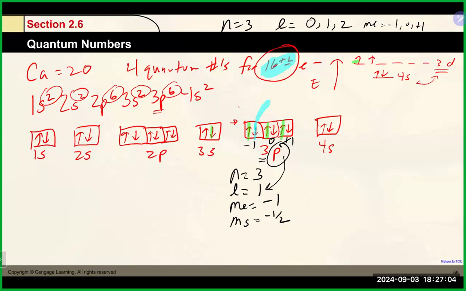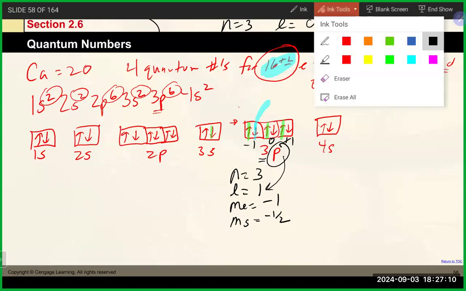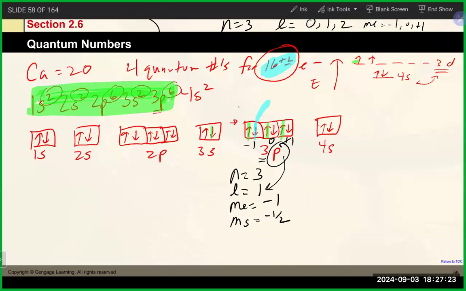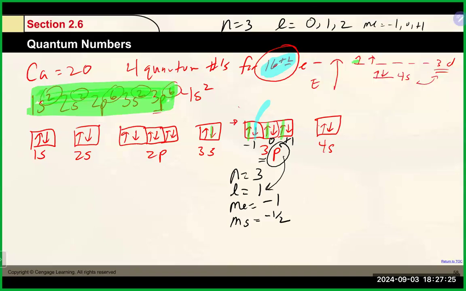All right. Now, in addition, when we look at this configuration that we wrote up through here, that is how many electrons? We count the top numbers, 2, 4, 10, 12, 18 electrons in green.